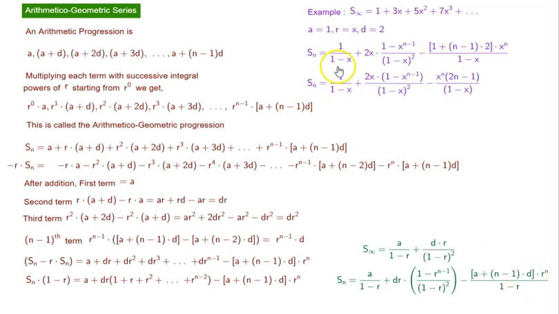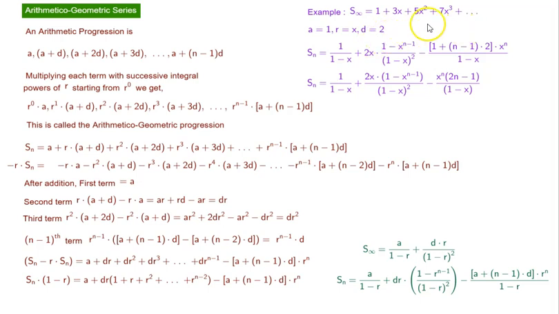Simplifying that, we get 1 by 1 minus x plus 2x times 1 minus x to the power of n minus 1 by 1 minus x square minus x to the power of n times 2n minus 2 plus 1, which gives us x to the power of n times 2n minus 1 by 1 minus x. This is the formula for the sum of first n terms.